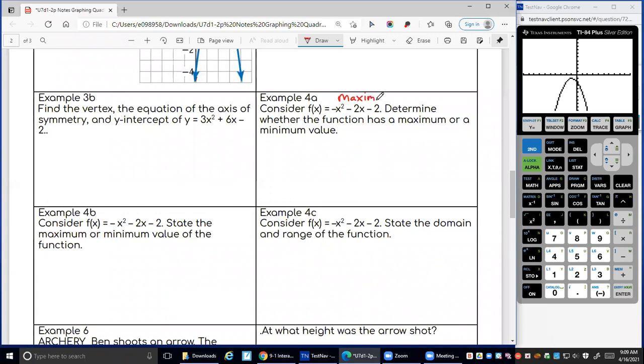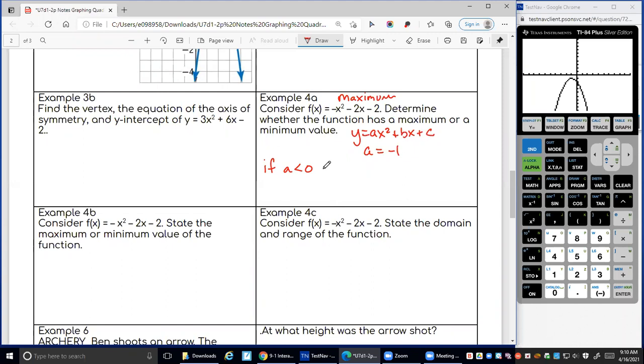The way that you can actually tell is the value of a, okay? Right up there. So what is, because we know y equals ax squared plus bx plus c, what is my value for a here? A is equal to -1, okay? Here's the rule. If a is less than 0, okay, like this is, a is -1, then we will have a maximum value, okay?